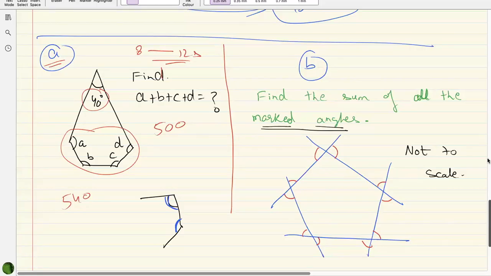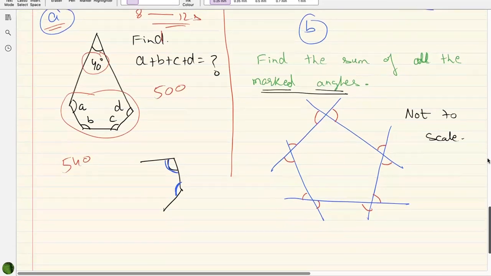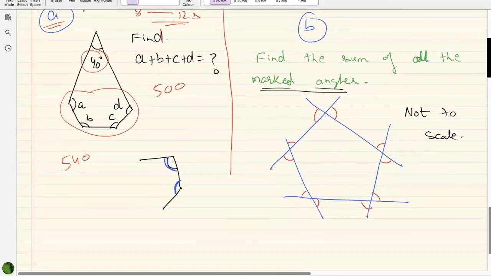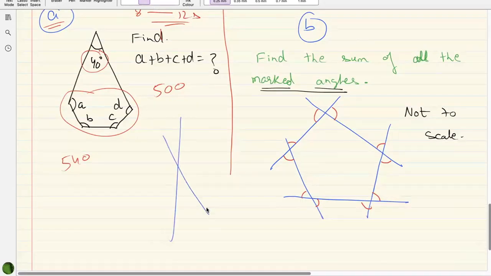I know that not the top part, but the sides and the bottom side are the same. I know that when they're opposite from each other, they're the same. They are known as vertically opposite angles. Like these in green are the same, and these in red are the same.